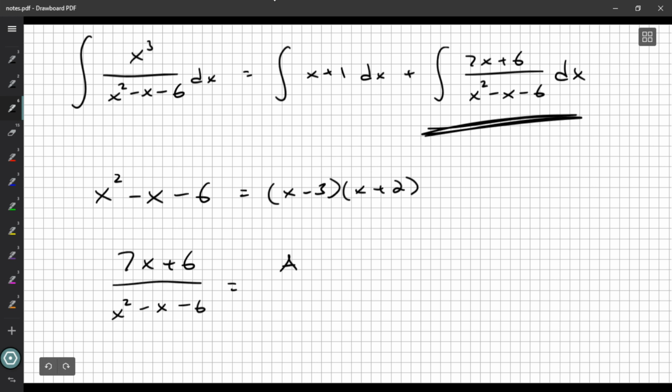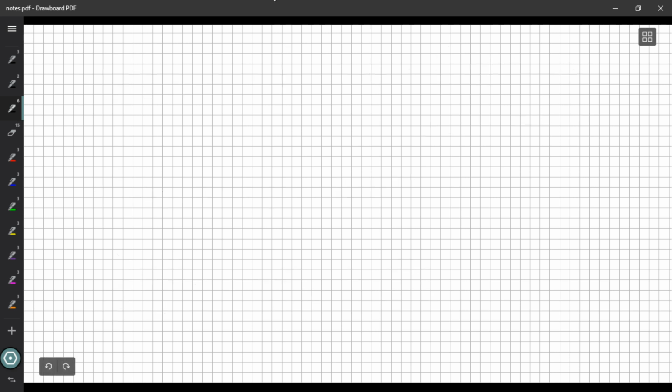Okay, so A over x minus 3, B over x plus 2, and now we've got to solve for our constants A and B. So we'll multiply both sides by x squared minus x minus 6. And that'll give us this nice expression here. 7x plus 6 is the same as A times x plus 2 plus B times x minus 3.